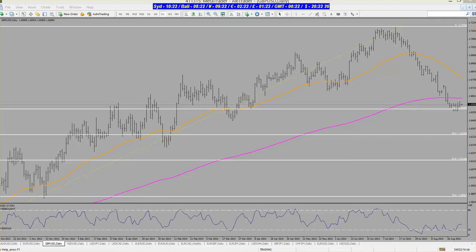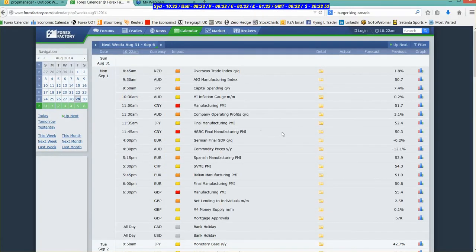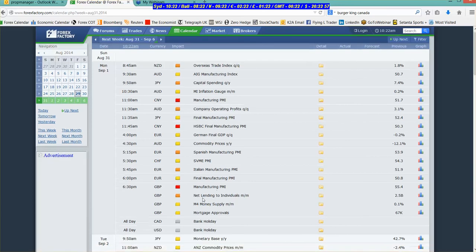European unemployment at 11.5%, that's not going to change much. So a big week will be next week. It's also non-farm payroll week.